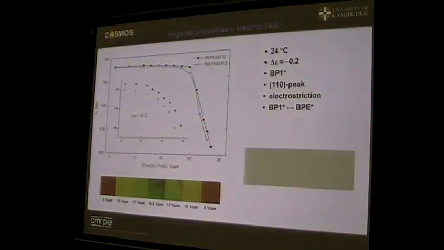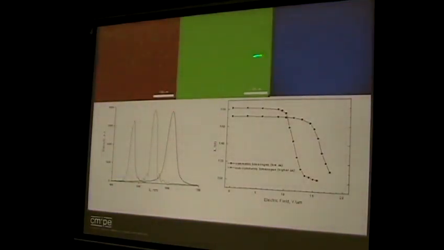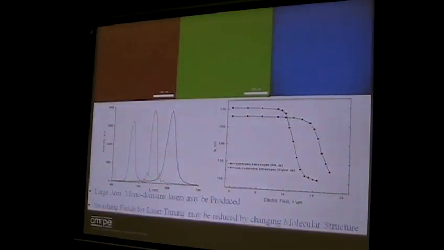And then I said you can switch the band gap, and you can choose the output color. You've got large area monodomains just as you have with the cholesterics, and you can switch the output using electric fields. So again, you've got a tuning mechanism for a blue phase laser.